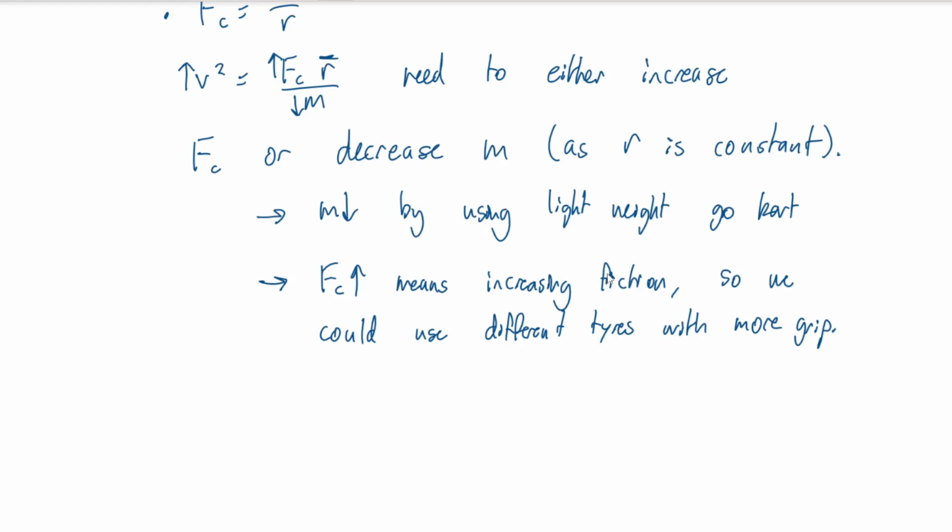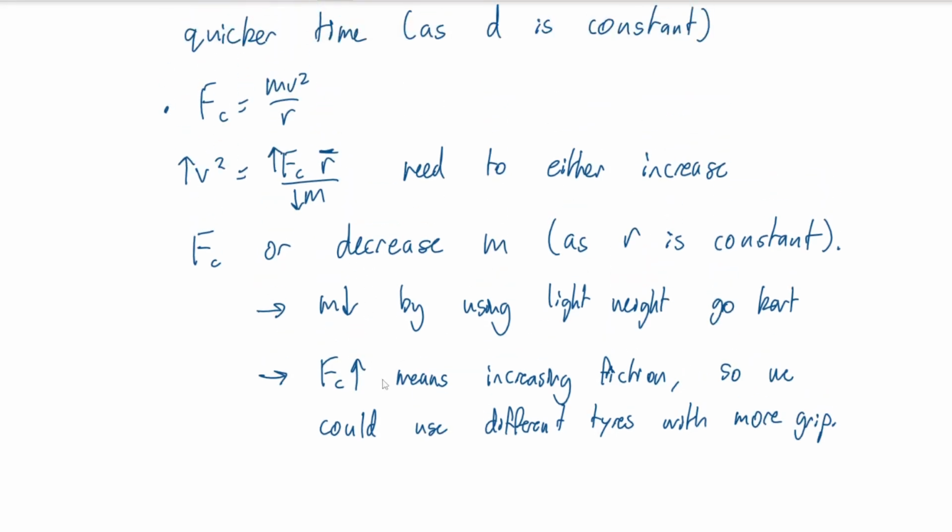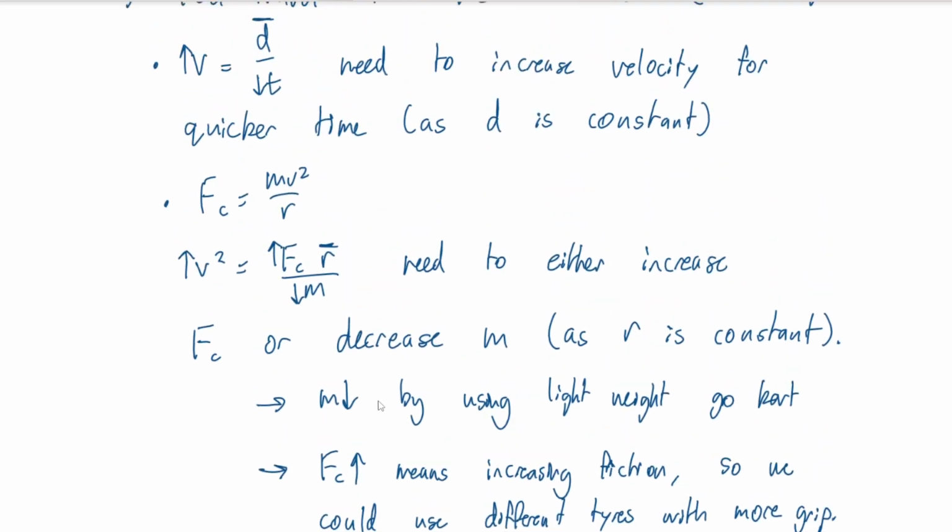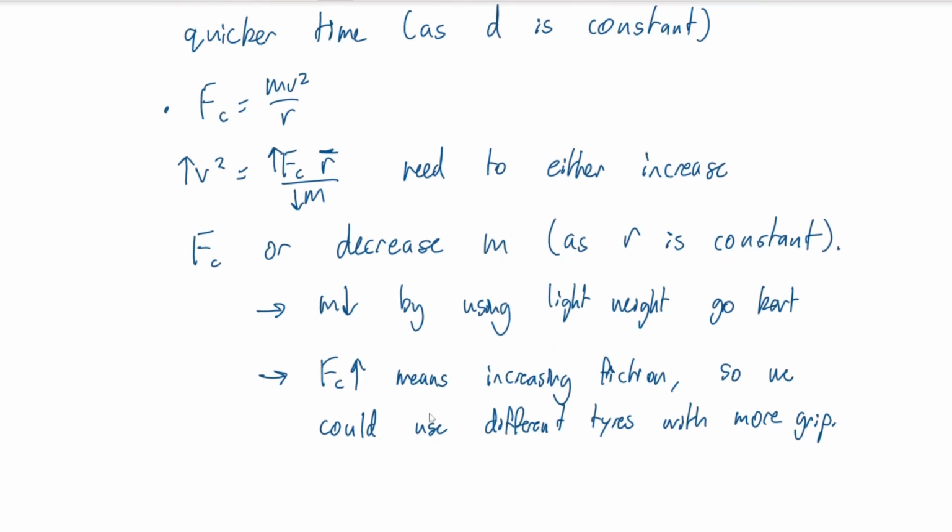Not in level 2, but friction relates to how hard you push down on the ground. So actually increasing mass does increase friction. So there's this extra relationship that we could consider. But for level 2, I'm going to leave it for now at decreasing the mass and increasing the friction by using different tires.